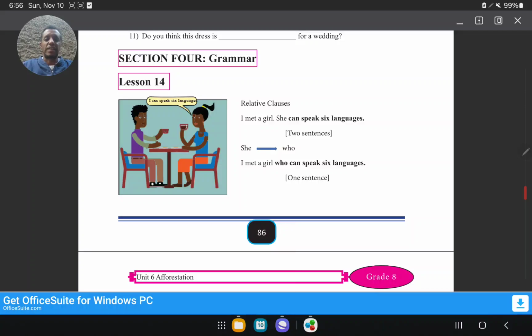Now let's see the example of relative clauses. I met a girl. She can speak 6 languages. Here are 2 sentences, students, as you see. The first one, she, who. What does who refer to?